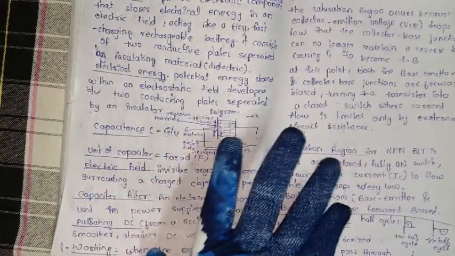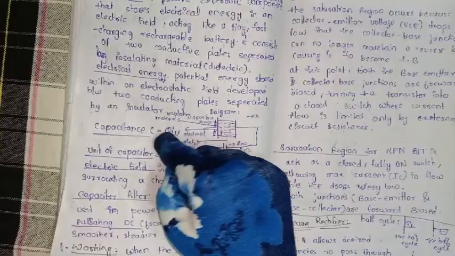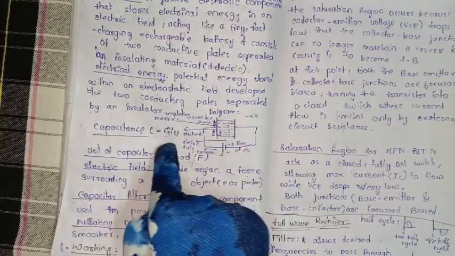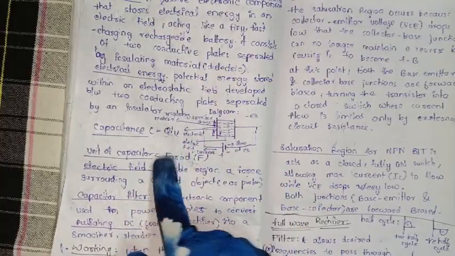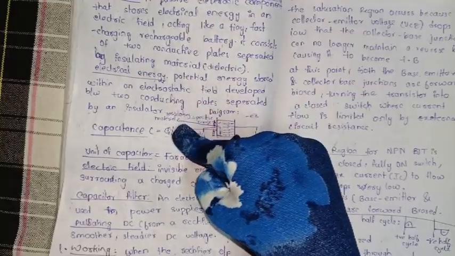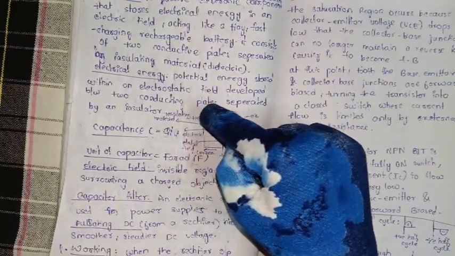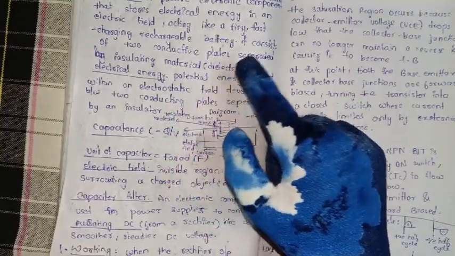Then the capacitance formula is Q by V, where Q is charge and V is voltage. It is the amount of charge developed per unit voltage.